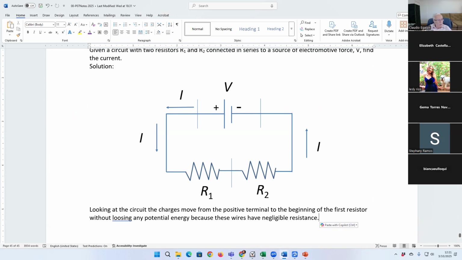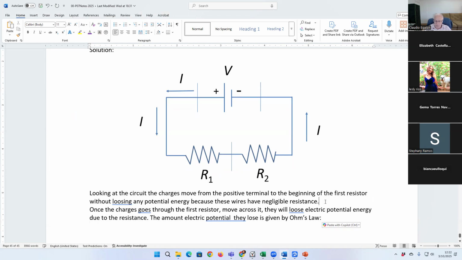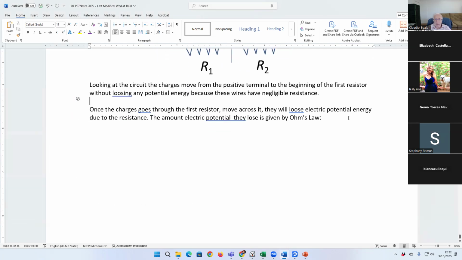Once the charges go through the first resistor, it's going to lose a given amount of electric potential. And this amount of electric potential is going to be given by V1 equal to R1, I1.